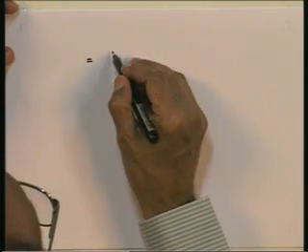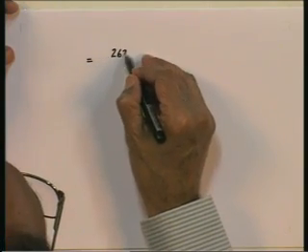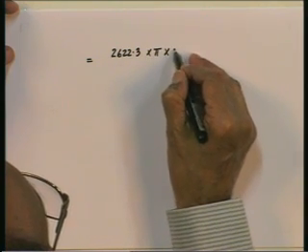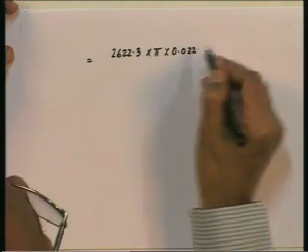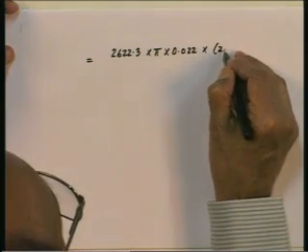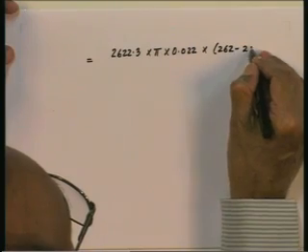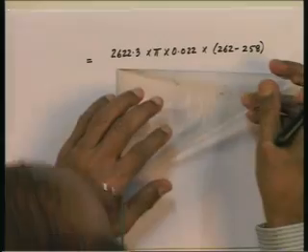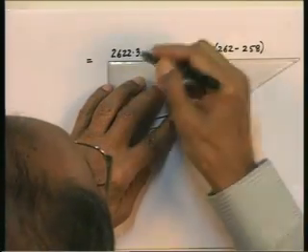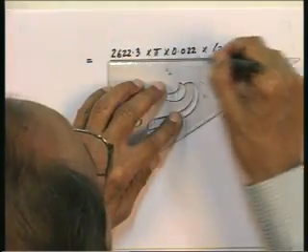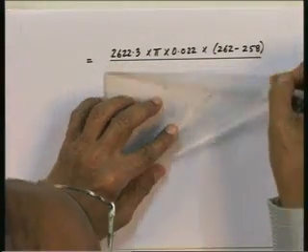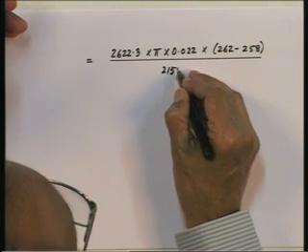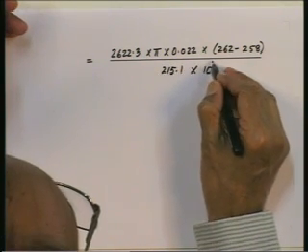m dot by L is equal to 2622.3 multiplied by pi, 0.022 into 262 minus 258, that is the delta T, divided by lambda, which is 215.1 into 10 to the power of 3.